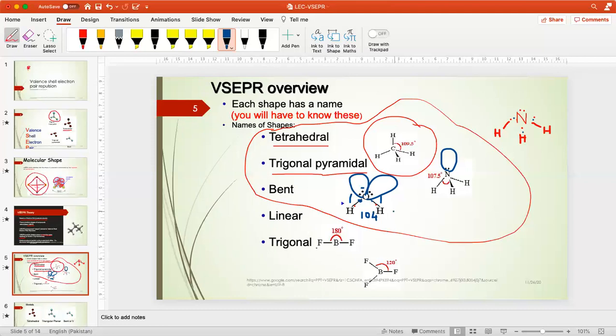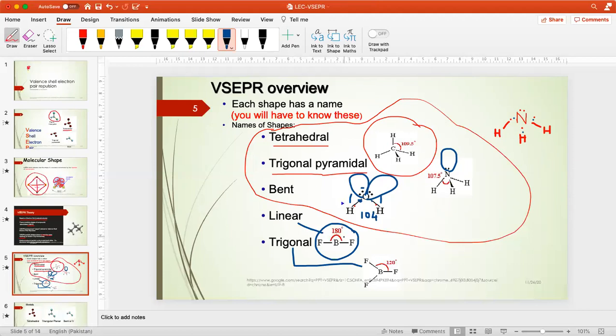Now we come to the structure. ठीक है, और ये आपका structure जो है, ये वाला जो structure है 180 degree, this is the structure which is known as linear. और ये वाला जो structure है आपका, this is known as trigonal planar.